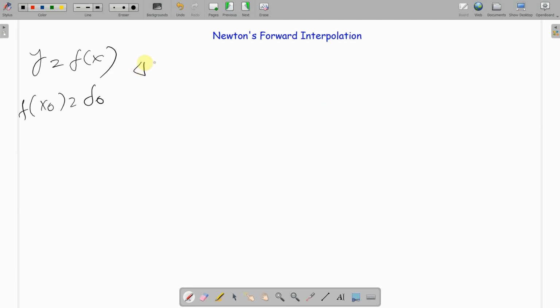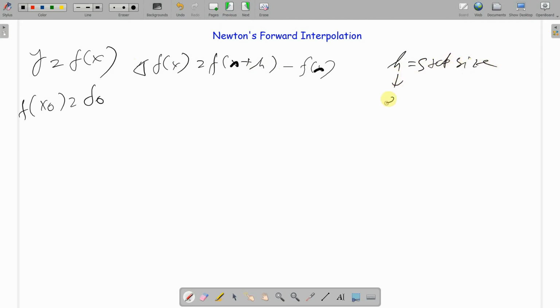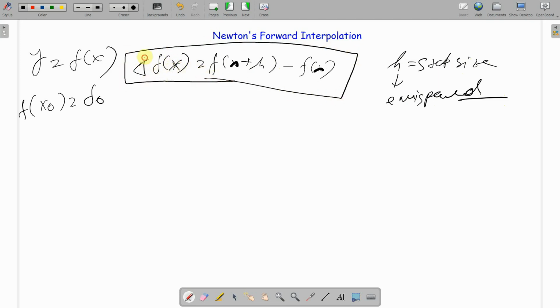One more thing: delta f(x) equals f(x+h) minus f(x), where h means the step size, which is equispaced. So delta f(x) gives you f(x+h) minus f(x). This is called the del operator, or in this case the forward operator.